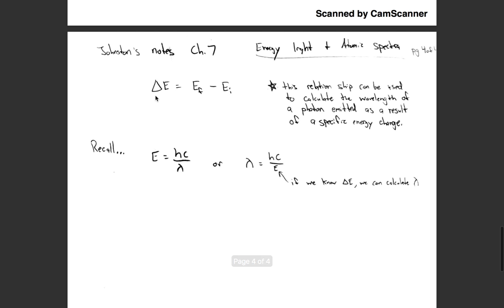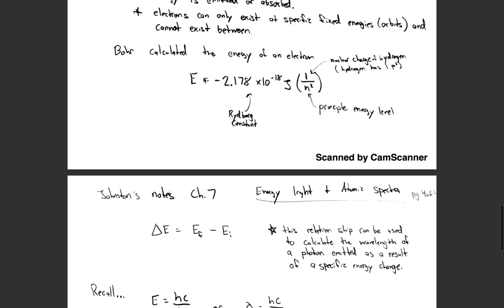So with this, we can actually calculate the change in energy as a result of these photons moving from one level to another. So this relationship can be used to calculate the wavelength of a photon emitted as a result of a specific change. If we go back to the previous equation, if we calculate the energy for energy level 2 and plug it in, and we calculate the energy at energy level 3 and plug it in, we can predict the energy of that photon.